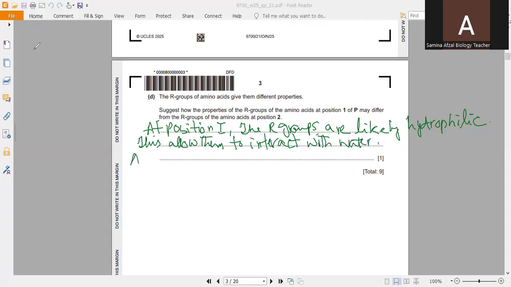And position two, the R groups are likely hydrophobic.